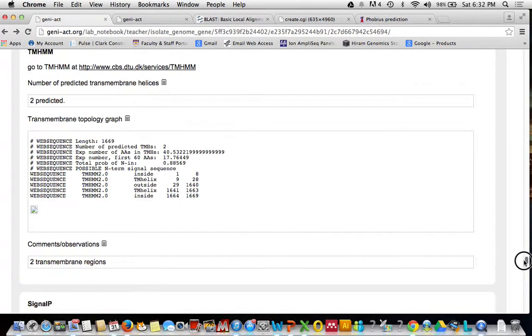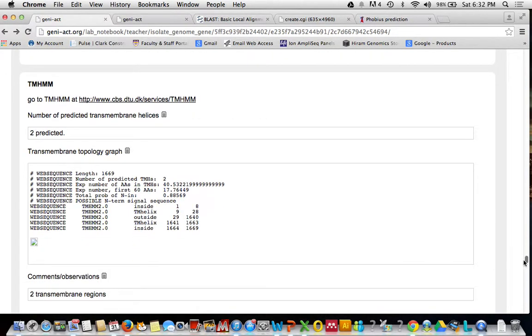If you look at TMHMM, you copy paste this and it will open another tab. What TMHMM tells me is that the number of transmembrane helices is 2. This is the length of my protein. This is the number of transmembrane helices, the number of amino acids in my transmembrane helices, and so forth.